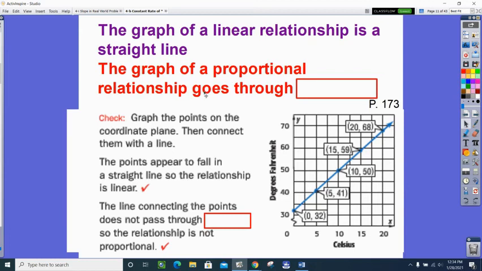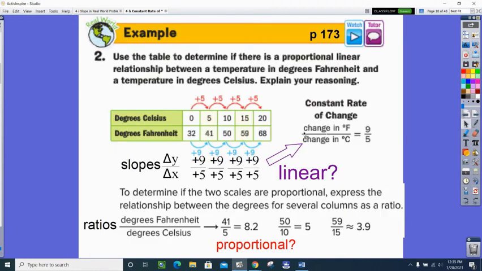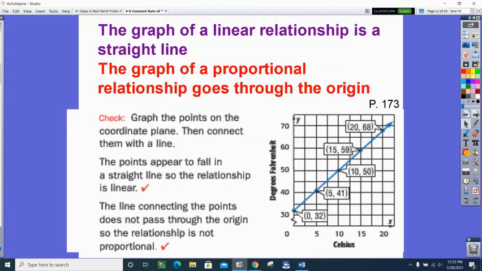The graph of a proportional relationship always goes through the origin, the point 0, 0. So if we go back to the table, do you see how this was 0, 32? If this had been 0, 0, and this was a line, then it would be proportional. But since it goes through the point 0, 32, it's shifted up from the origin. This is a non-proportional relationship. So yay to linear and nay to proportional.